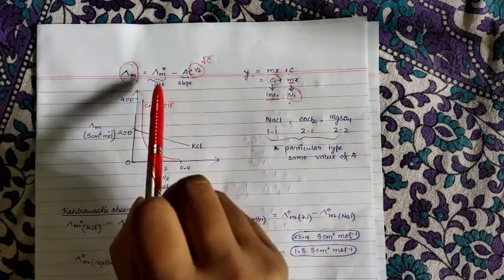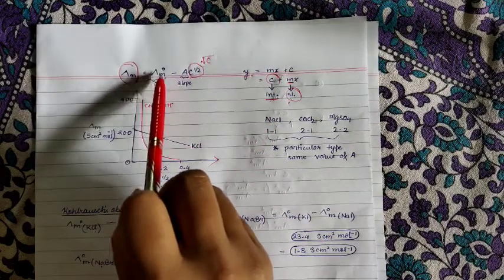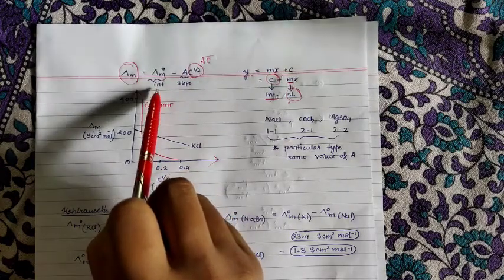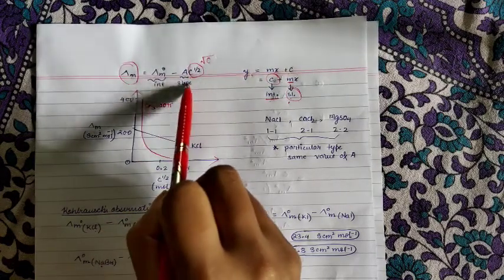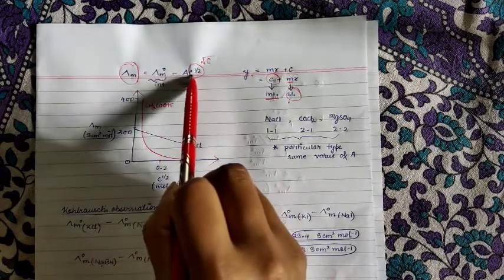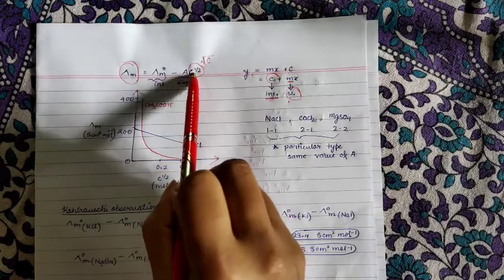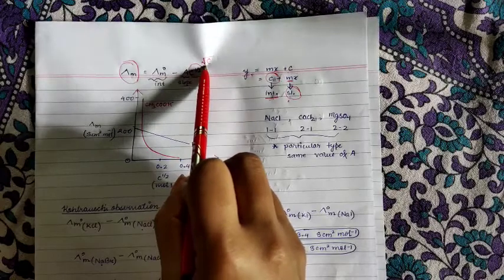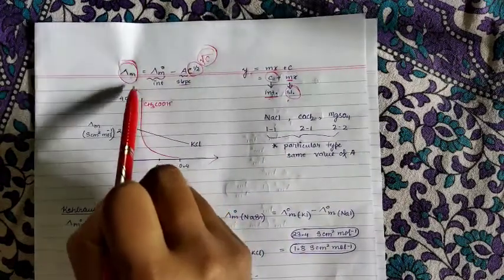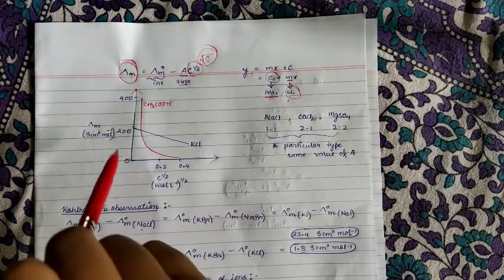Now if you compare the Debye equation with this straight line equation, you can observe that this is the limiting molar conductivity, which is the intercept, okay, and minus a will be the slope of the line. Now if you see here, c to the power half means root over c. Now root over c and lambda m will act as the x-axis and y-axis unit, okay.